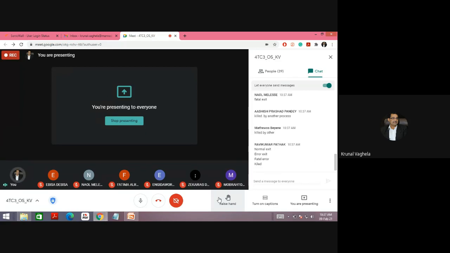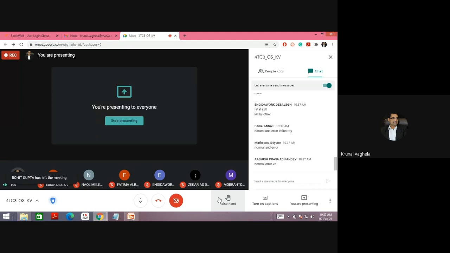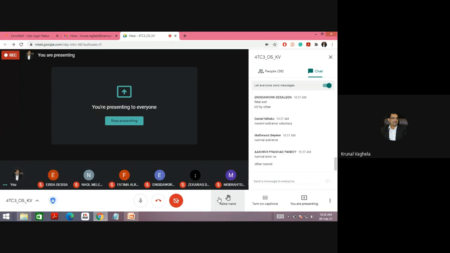And we have seen 2 ways: voluntary exit and non-voluntary exit. So what are the voluntary exits and what are the non-voluntary exits? Normal and error are voluntary, and the other 2 are non-voluntary, right?